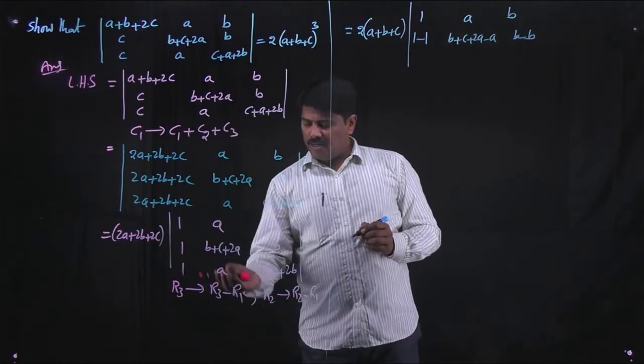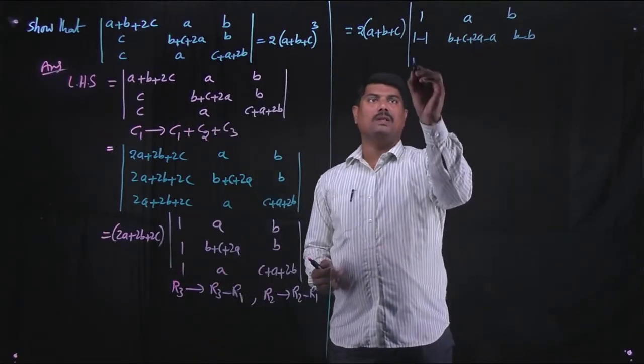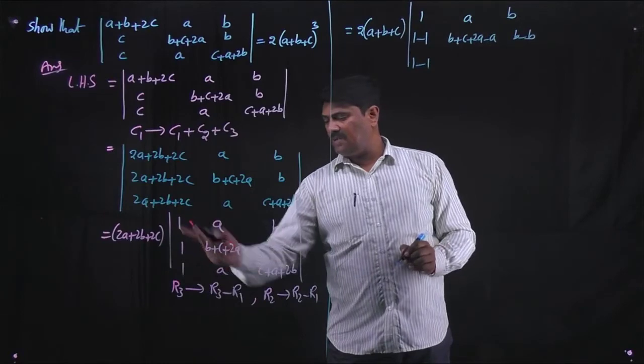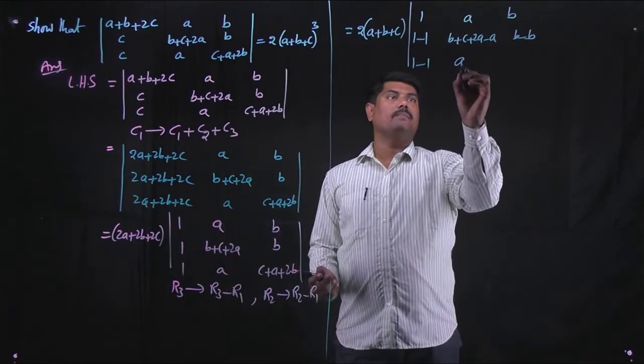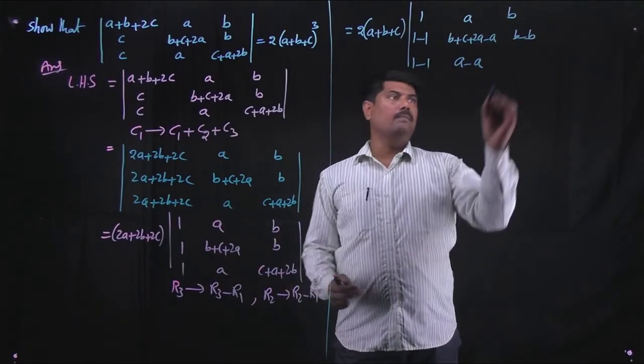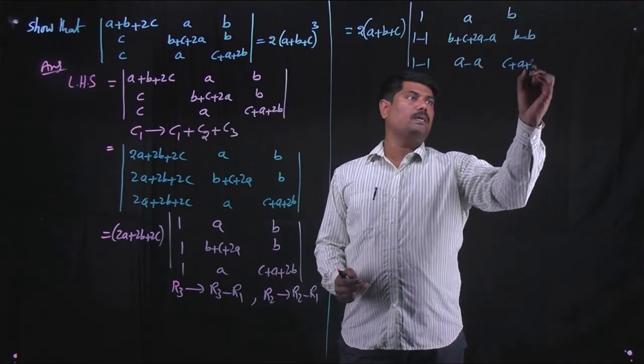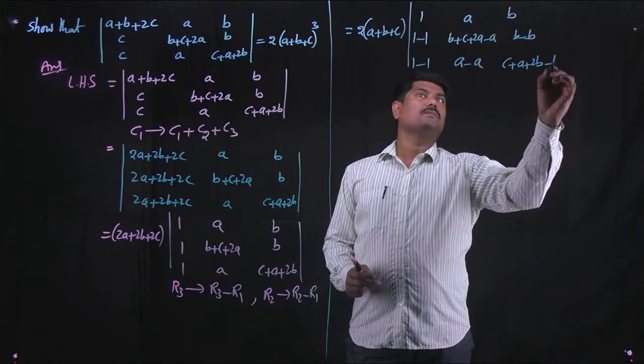Writing R3 as R3 minus R1: 1 minus 1, a minus a for the second element, and for the third element c plus a plus 2b minus b.